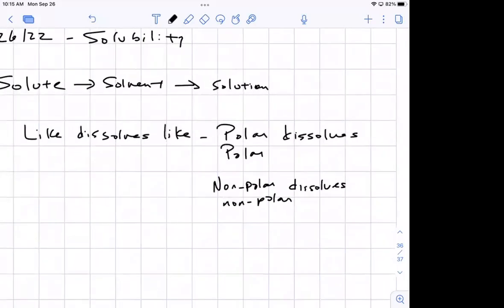Right, and the other part of this that we want to talk about is water solubility. That's very important. Right, water solubility means can I dissolve something up in water, or if it's a liquid, are they miscible?